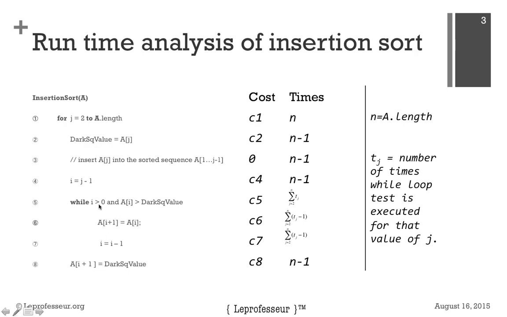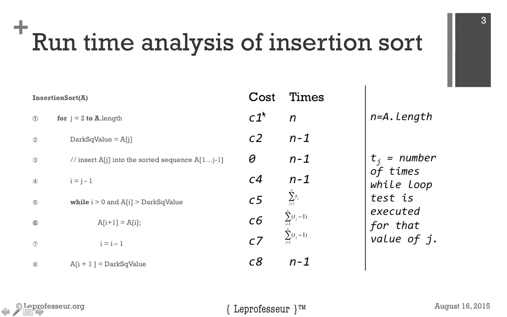But if your input list is sorted in reverse order, then the while loop test condition and the while loop body statements will be executed the maximum number of times. That is what we're going to calculate, the worst case scenario.